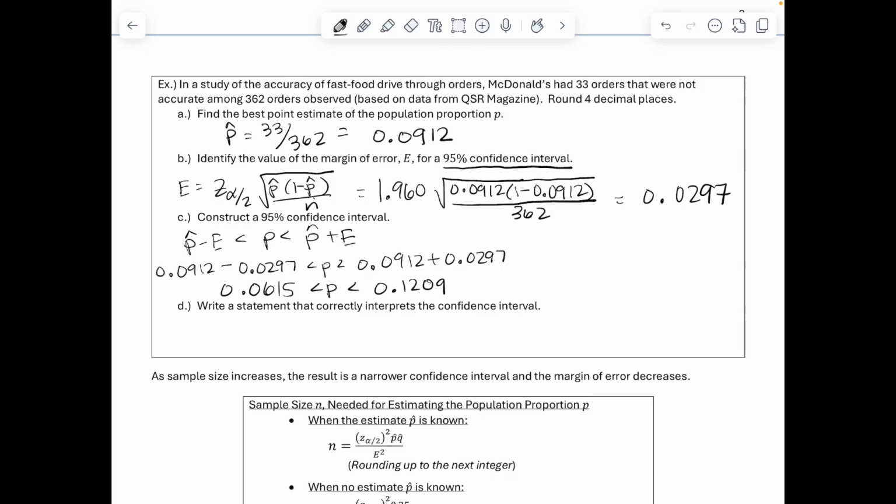Part D says to write a statement that correctly interprets our confidence interval.